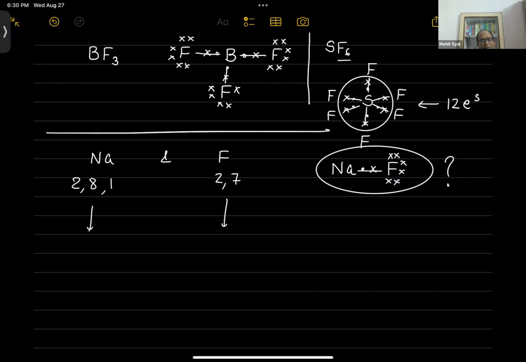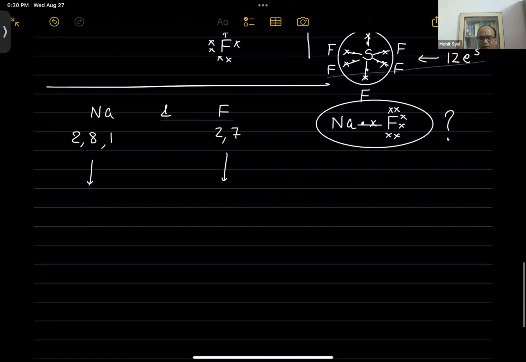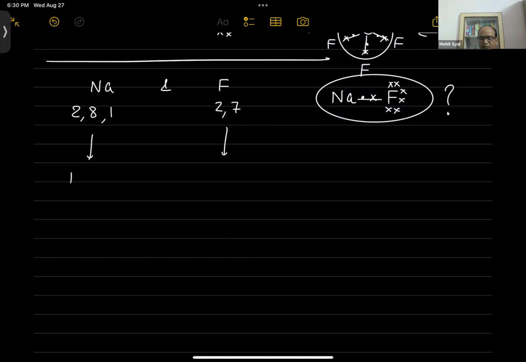It's not going to happen in this way, because one is a metal and another is a non-metal. One is highly electropositive, having very low ionization energy, so it can lose electrons. If it is not able to complete its octet by sharing that one electron, and if it can lose it completely, it will lose it. After losing, it will form Na+.